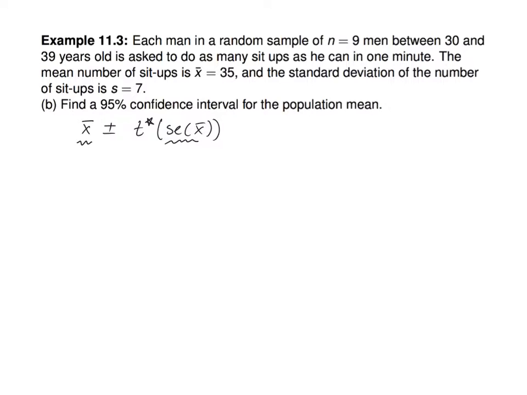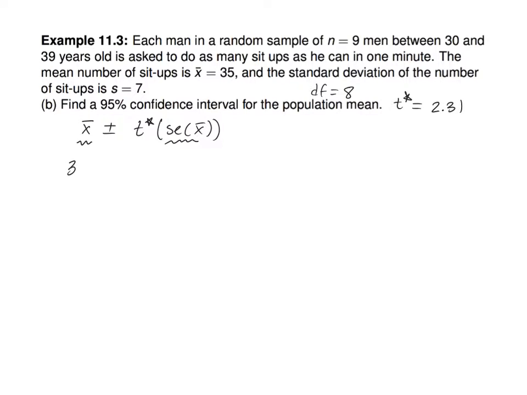What do you need to find still? T star. So how many degrees of freedom will you have in this case? 8. Great. So degrees of freedom is 8. At 95% confidence, what do you see T star is? 2.31. I agree. Do you guys agree? Okay.